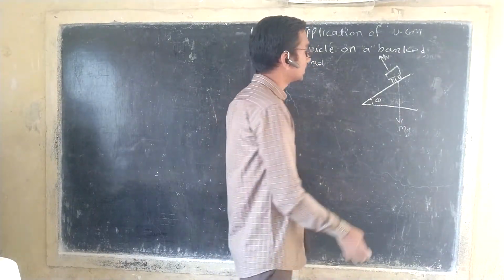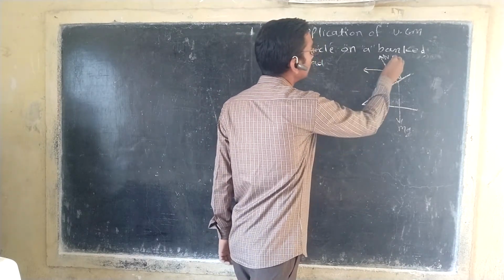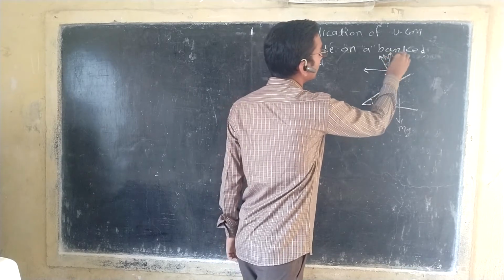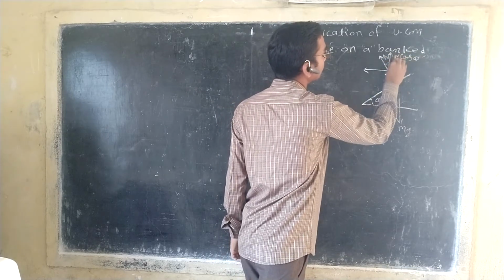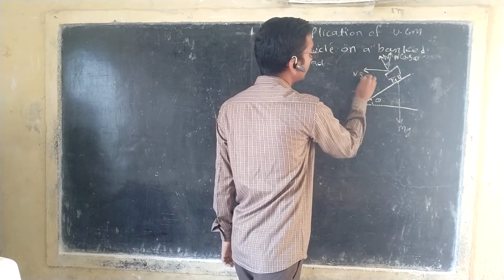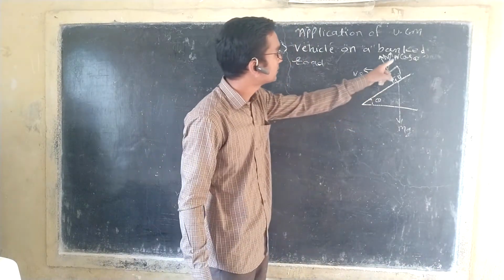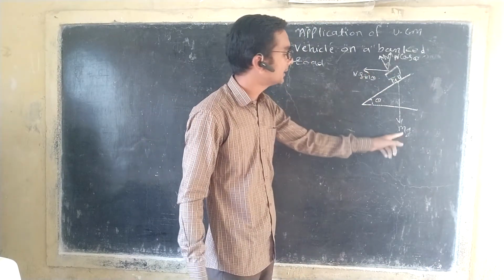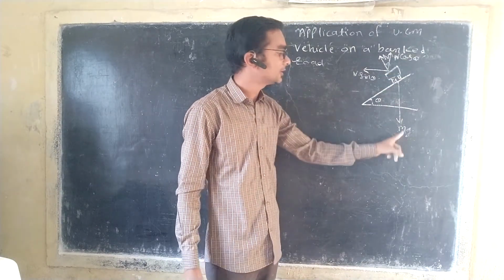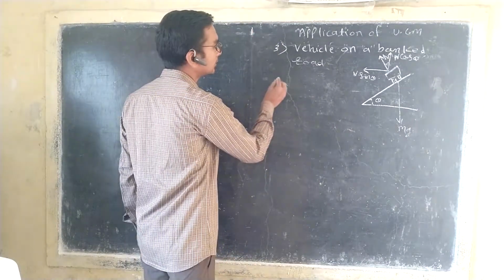So now we can resolve this normal reaction into two components. First is n cos theta and second is n sin theta. Now as we see, this n cos theta and mg are in opposite directions. So this n cos theta will balance the weight of the vehicle.